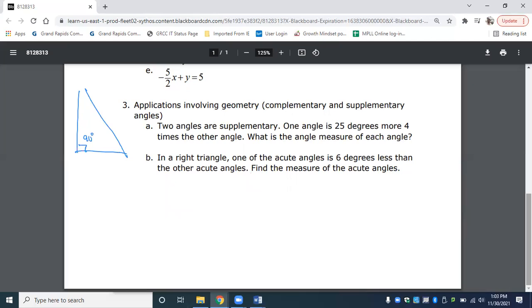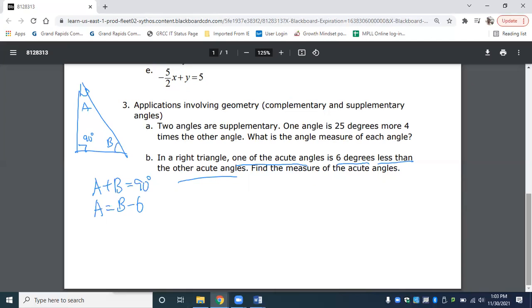Now, just remember, I don't know what these angles are, A or B. But because we know one of the angles is 90 degrees, this tells me A plus B has to be 90 degrees, because you only got 2 angles left, and all 3 angles add up to 180. So that'll be our first equation, A plus B is 90. And then the second part is one acute angle is 6 degrees less than the other, which means A equal B minus 6.